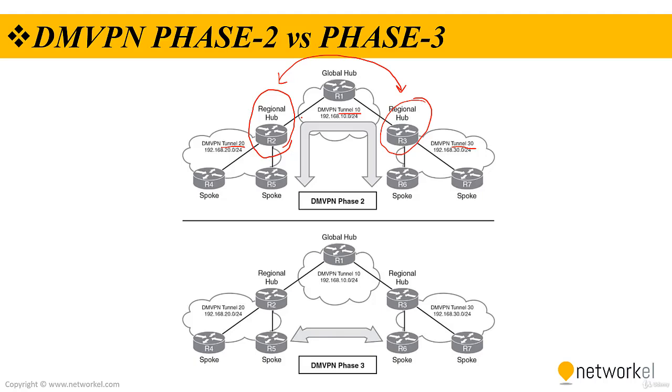For Phase 2 DMVPN tunnels, traffic from Router 5 must flow to the hub Router 2, and it is sent to Router 3 in this direction, and then forwarded to Router 6. But for Phase 3 DMVPN tunnels, a spoke-to-spoke tunnel is established between Router 5 and Router 6, as you can see in here. And the two routers can communicate directly.